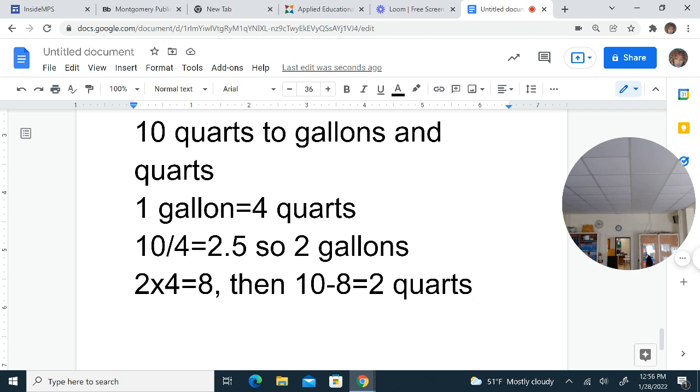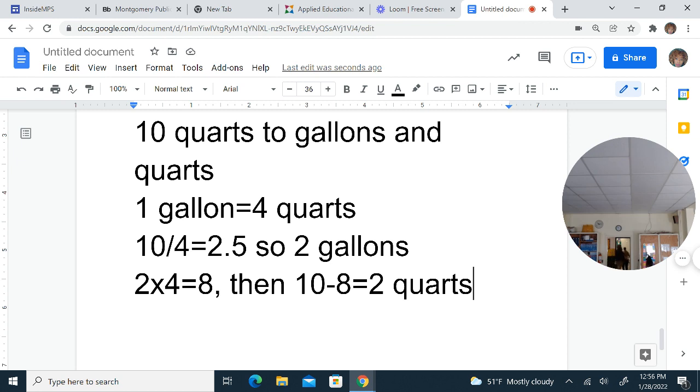If you remember, going from smaller to larger, you'll know what you're doing. 2 gallons and 2 quarts. Why two different ones?